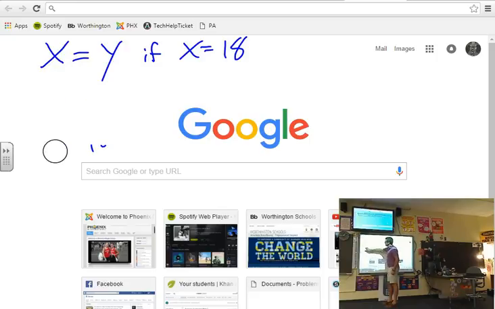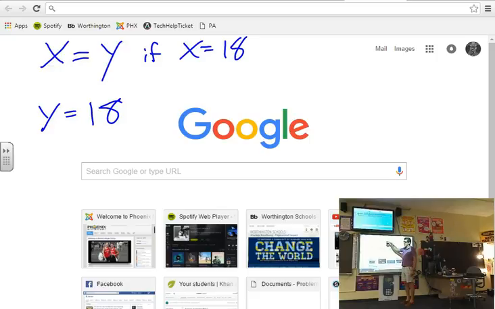Now, would I be allowed, based off this, to say that? The property we just talked about, the symmetric property of equality, allows me to flip around an equal statement, and it's still equal. So I was allowed to flip that around, it's the same thing. But now I'm using this instead of that because of this.